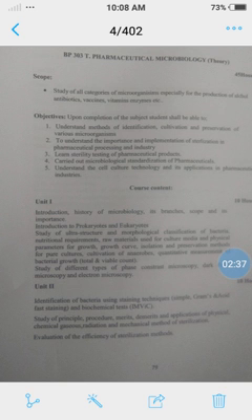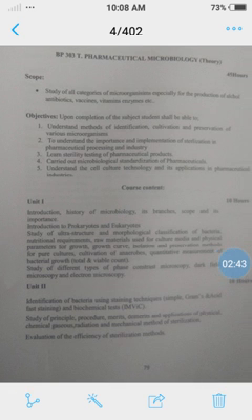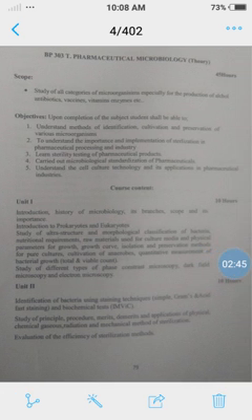These are some examples of microorganisms. To study all categories of microorganisms, especially for the production of alcohol, then production of antibiotics, then production of vaccines, then production of vitamins, and the production of enzymes.